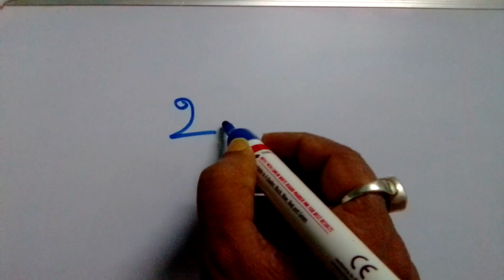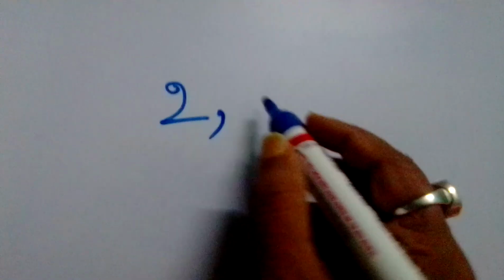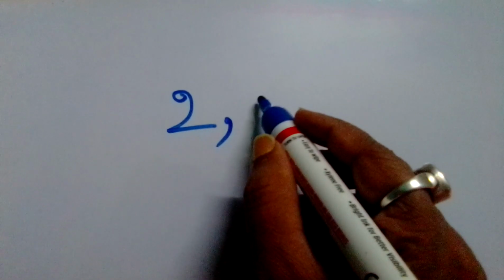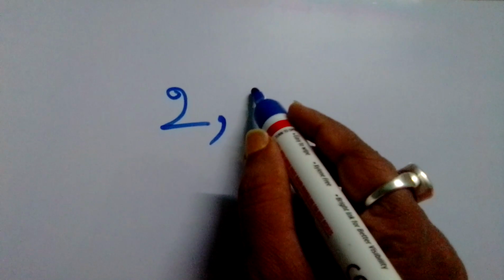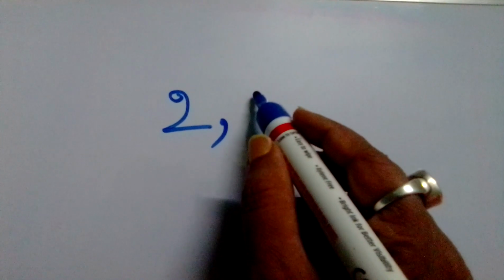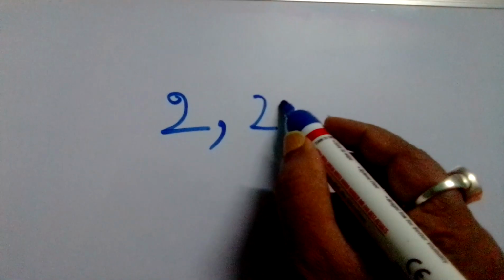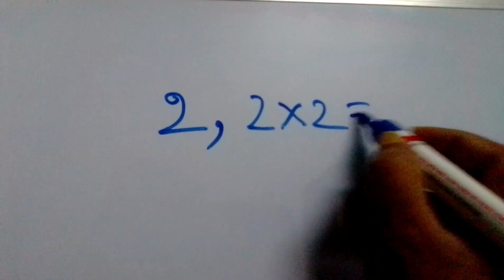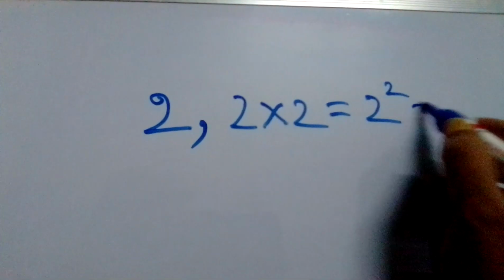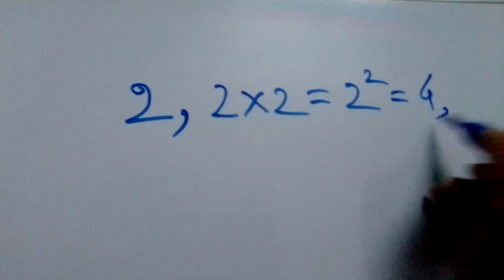Suppose we take any number as a simple example, say 2. It is a process: 2 cross 2, that will be 2 squared is equal to 4.